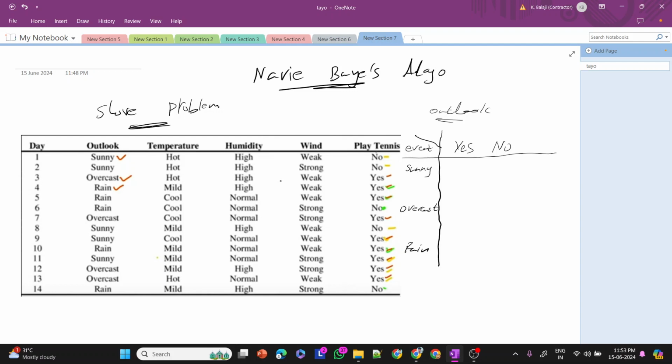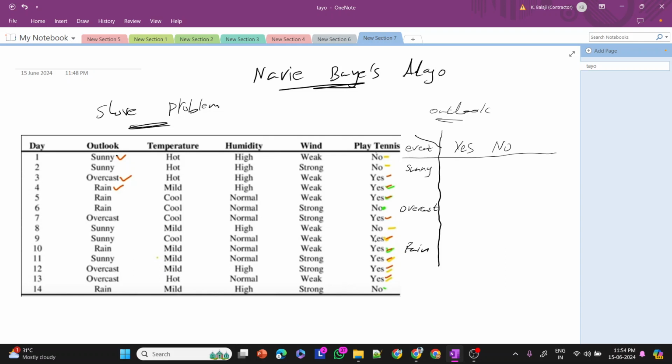In the outlook column, let's count when the person played a game. Here when sunny, the person did not play a game. Here also sunny, the person did not play. Another sunny is here, the person did not play. Here is also sunny, the person has played a game.